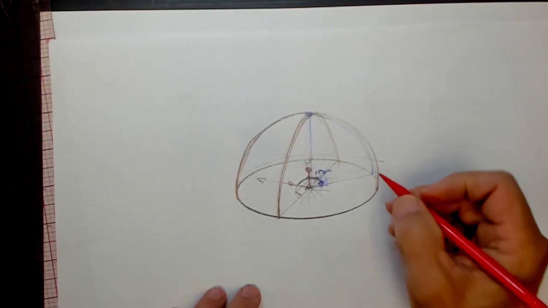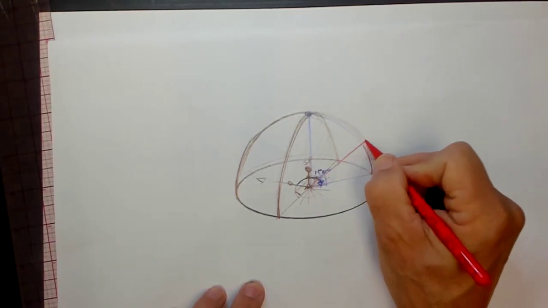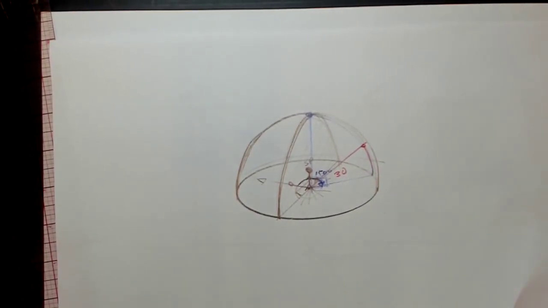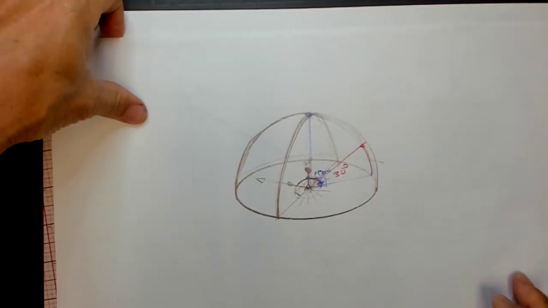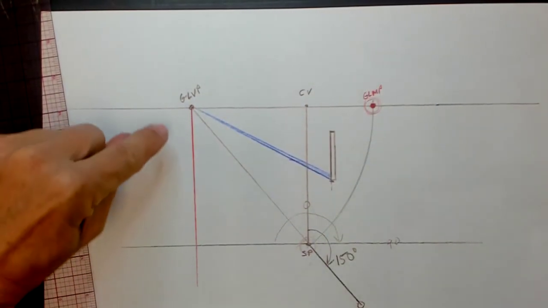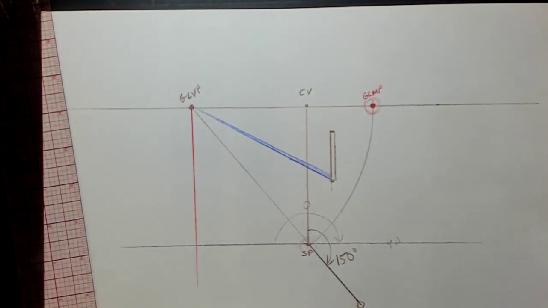Change colors here. So we want to put the sun 30 degrees above the horizon line. Now the sun's behind the viewer, so we know that the light angle vanishing point has to be along this line.